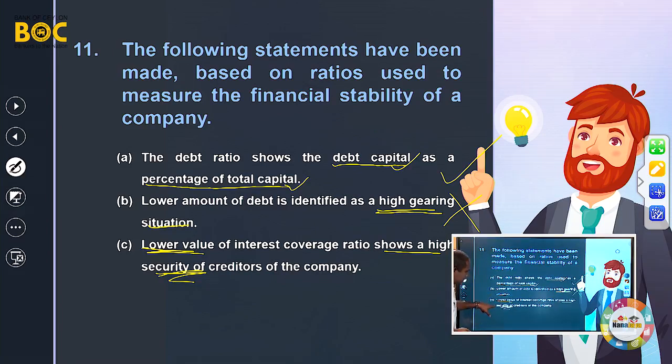But what it says here, a low value of interest coverage ratio shows high security. No. A low interest cover ratio means higher interest and low profit. It is not good for a company, and then your creditors are at risk.